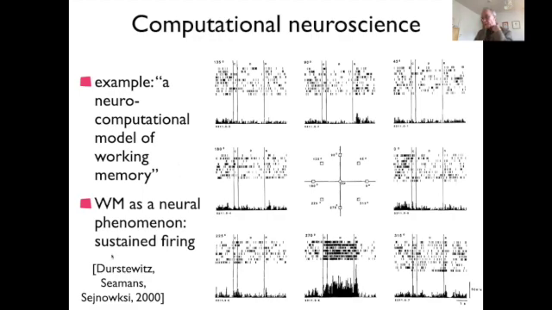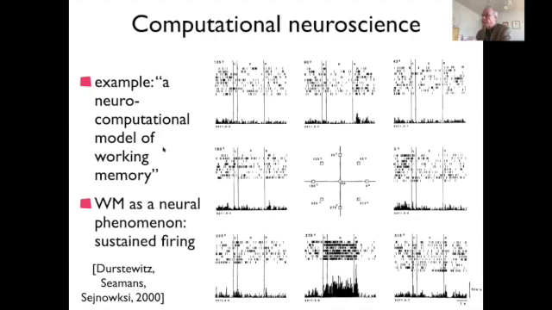So I'll give you an example from a group that actually existed here in Bochum. Dostowitz was a group leader in Onno Güntürkün's lab. He's now in Würzburg, or somewhere there, now in Darmstadt or in some other city. He has a nice chair for computational neuroscience. So he developed a model that he called a neurocomputation model of working memory.